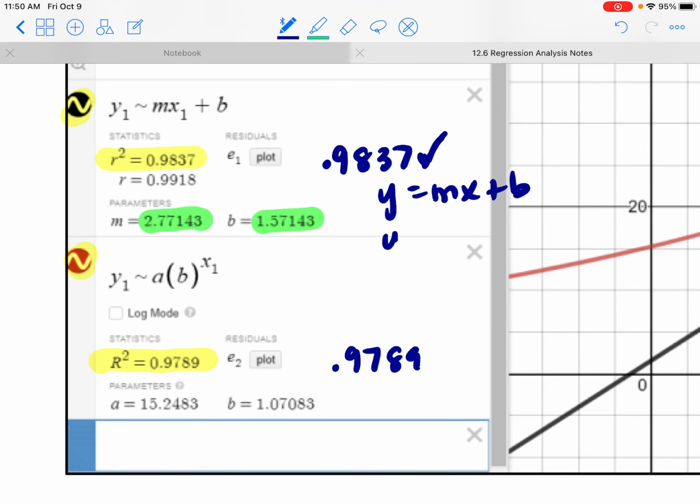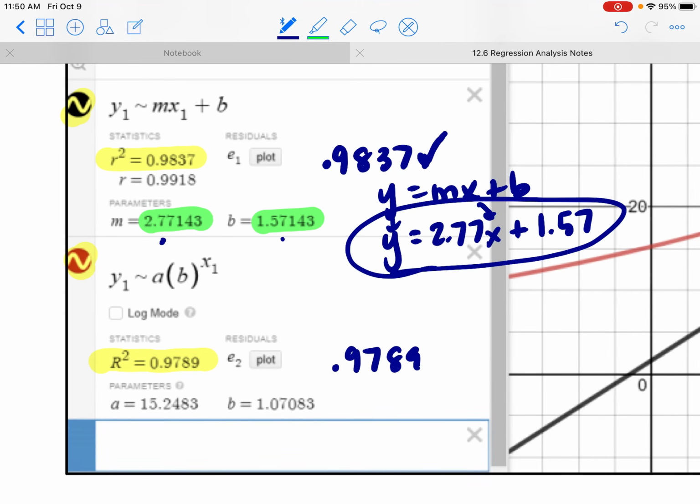So this model would be y equals about 2.77 for m. Sorry, that's going in for m, and then so y is coming down, right? X is coming down. We're just going to replace m with what they give us here, and then we're going to add b, which here tells us is about 1.57, and that would be the linear regression model for this data.